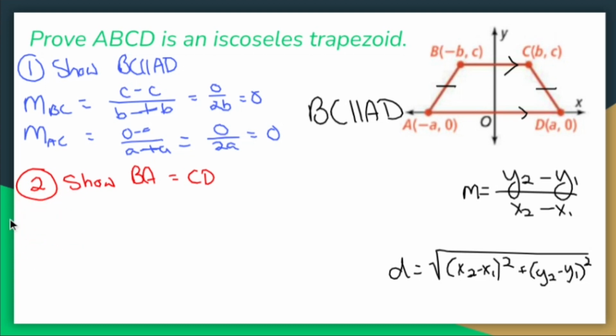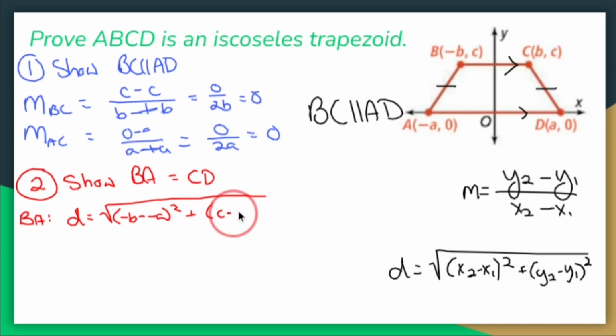Let's start out with BA and show that the distance of BA is a big square root of, let's let B be my 2's and A be my 1's. So negative b minus negative a squared, plus c minus 0 squared. Double negative makes a positive.